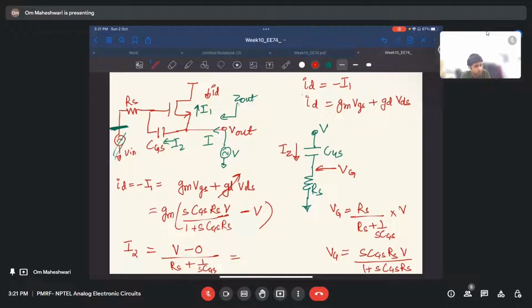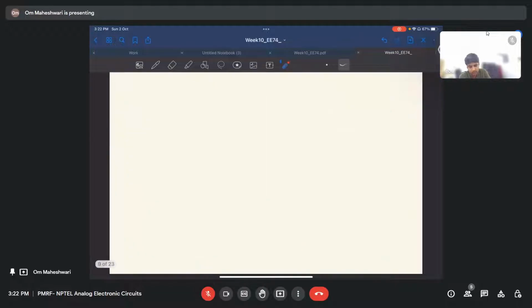It is V SCGS times V by 1 plus SCGS RS. Okay, so now we know I1 and I2. We can write the I. So I equals I1 plus I2.